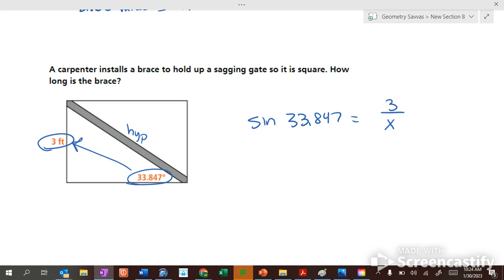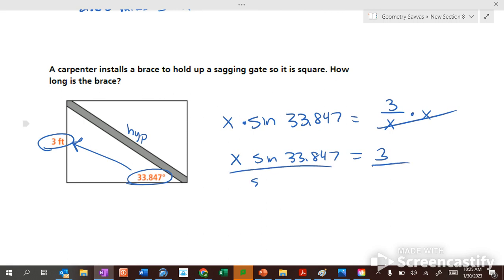Uh-oh. X is on the bottom of that fraction. I want to solve for x, so I have to get it out of the bottom. How do I get it out of the bottom of a fraction? Times it by x. So if you multiply by x, x cancels out there, right? So x times sine of 33.847 equals 3. How do you get x alone? Divide by sine of 33.847.